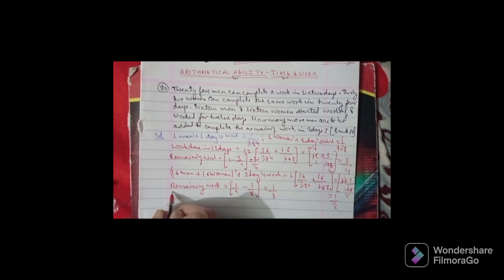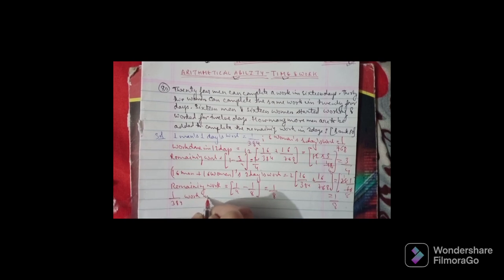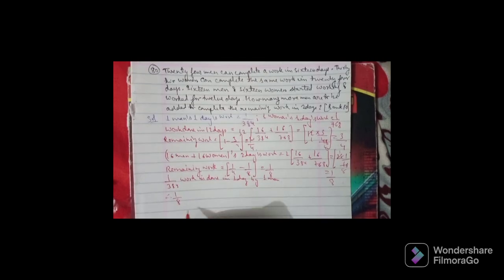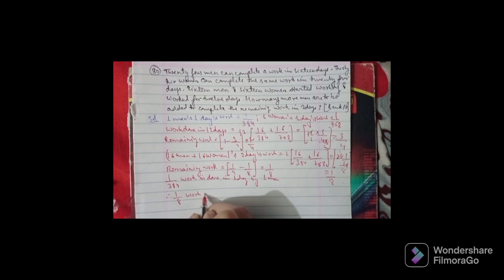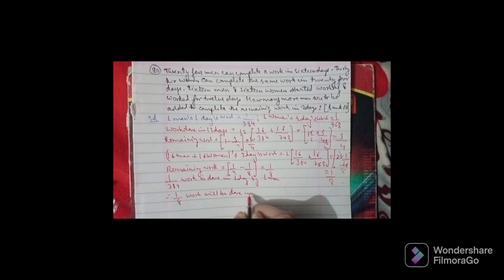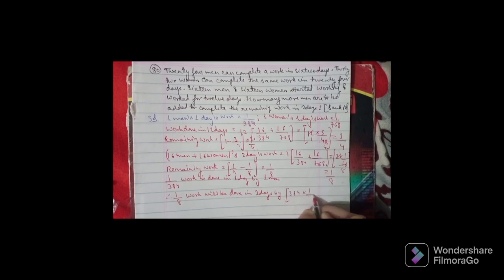So 1 upon 384 work is done in 1 day by 1 man. So 1 upon 8 work will be done in 2 days by 384 into 1 by 8 into 1 by 2.